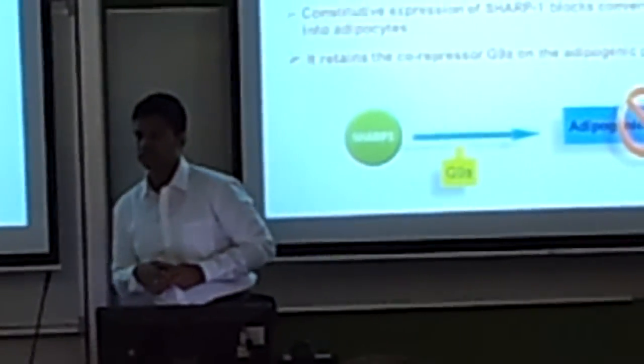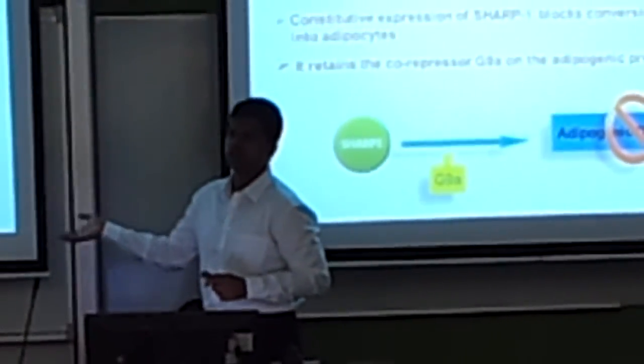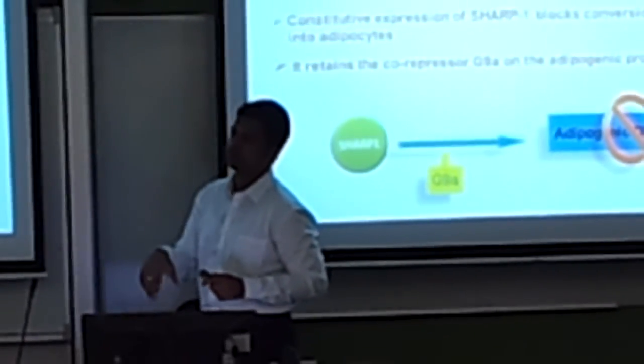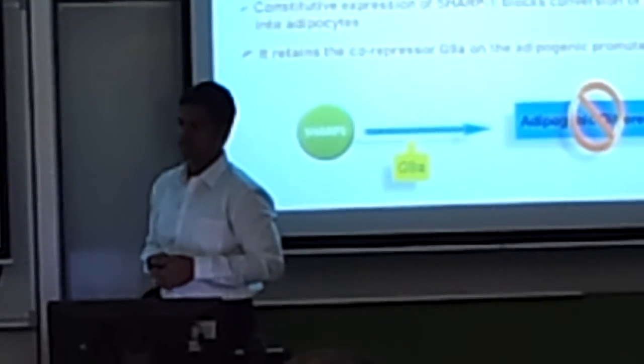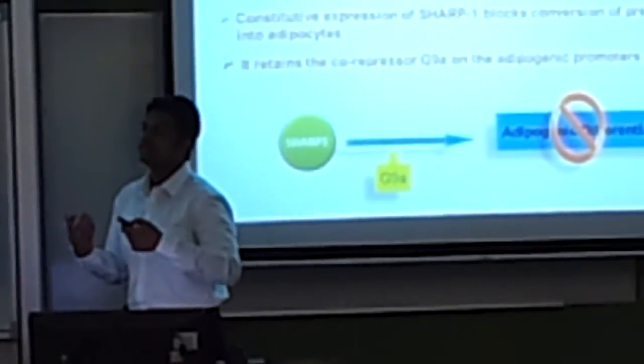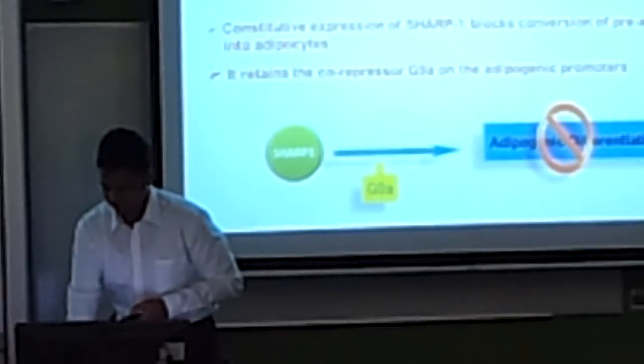So we thought, how about SHARP1 recruiting G9A on the myogenic promoter, thereby blocking skeletal muscle differentiation, and thus forms the hypothesis to investigate the role of G9A in skeletal myogenesis.